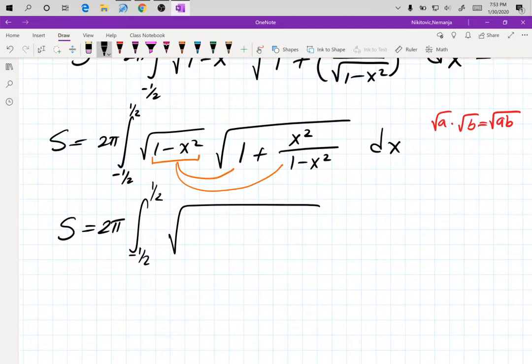So 1 times this is 1 minus x squared plus, and when I multiply with the second one, they cancel and just give you x squared dx. What now? Cancel these two puppies, because minus x squared plus x squared is 0, and you just have to integrate 1.